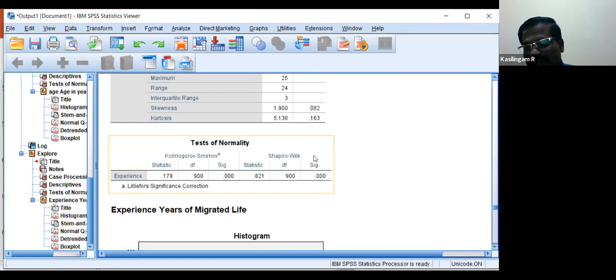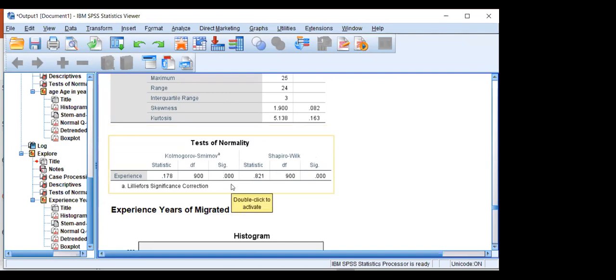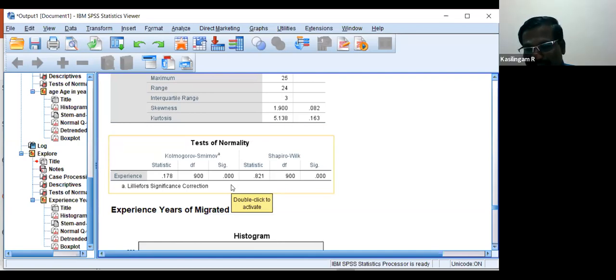Now here, what is the significant value? Here it is 0.00, which is less than 0.05, which means we have to reject the null hypothesis.